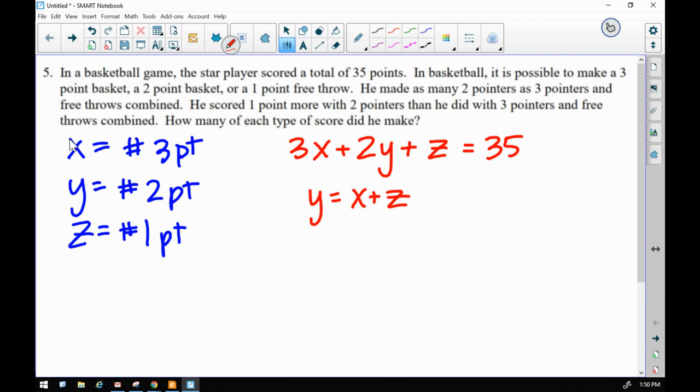Okay, the last one is he scored 1 point more with 2-pointers than he did with 3-pointers and free throws combined.